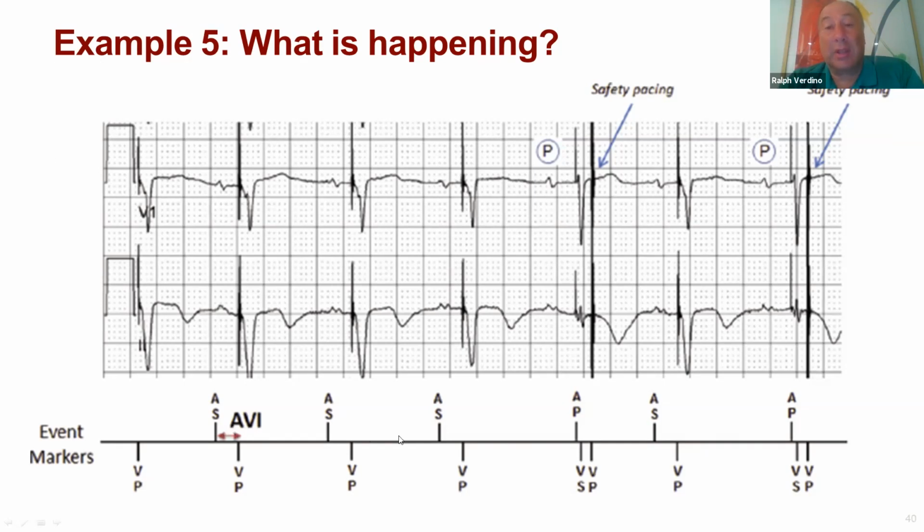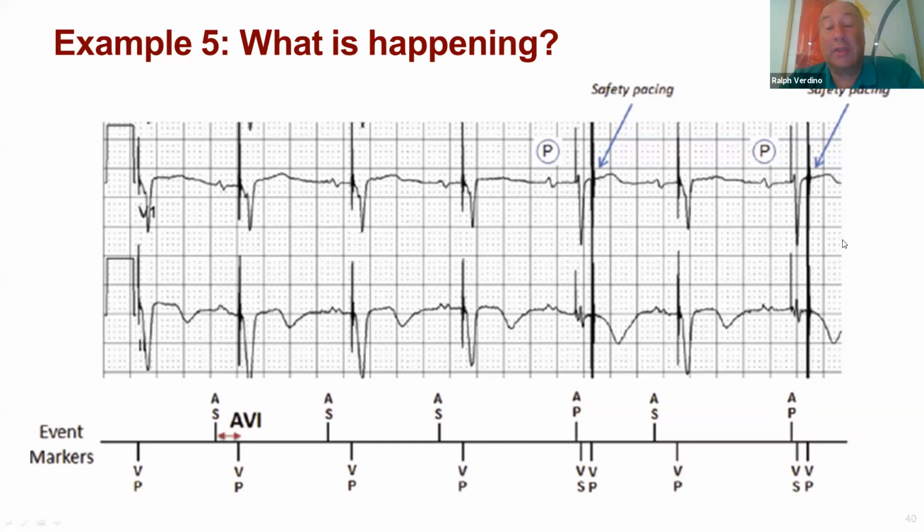So a lot of times when you see safety pacing, it may be that you're undersensing the atrium, or it may be that a PVC just happened to fall at that time, or it may be junctional rhythm.